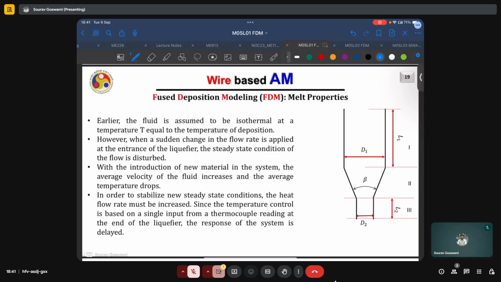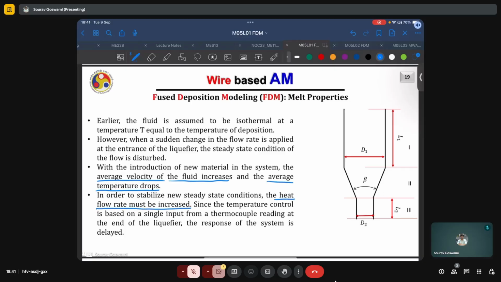With the introduction of new material in the system, the average velocity of the fluid increases and the average temperature drops. In order to stabilize the new steady state conditions, the heat flow rate must be increased.